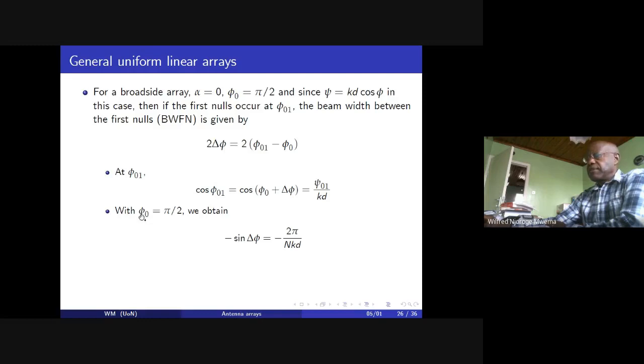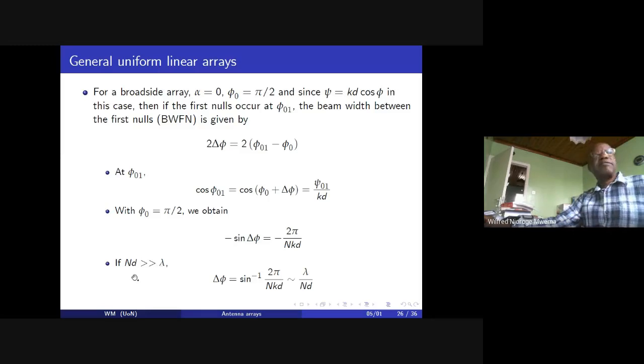With phi naught equal to pi by 2, we can expand that in a trigonometric function, and we get minus sine delta phi equal to minus twice pi by n kd. If the length of the array is very long compared to the wavelength, that is, the number of elements is large, then delta phi is just given by the arc sine of twice pi by n kd, which can be approximated by the argument, lambda by nd, when nd is large.